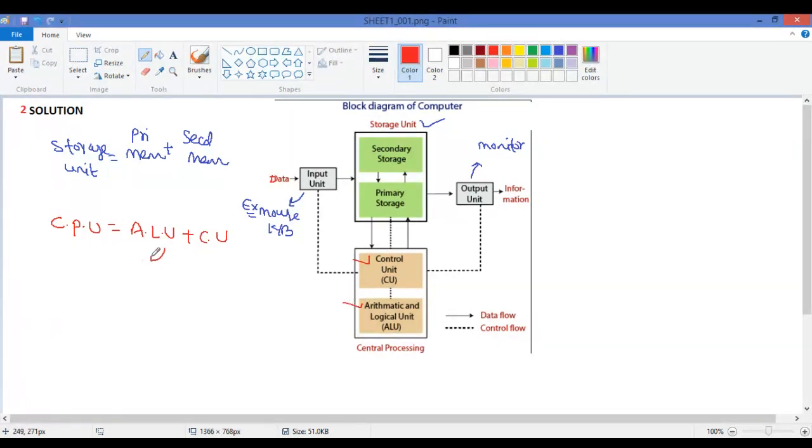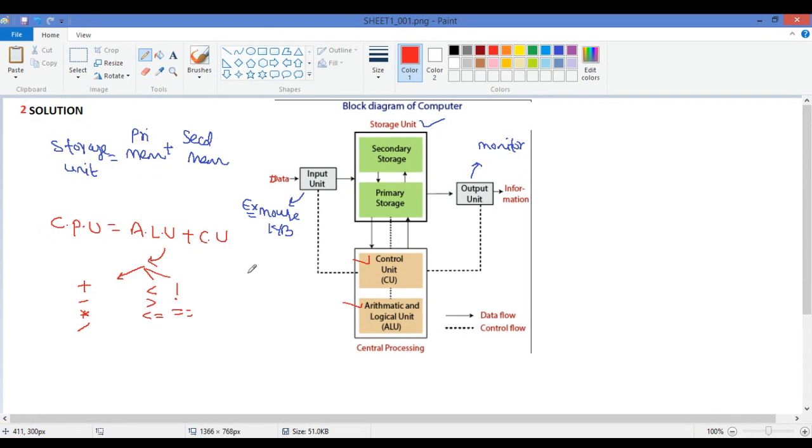In the arithmetic and logic unit, what kind of operations are performed? Many types: addition, subtraction, multiplication, division, less than, greater than, less than or equal to, greater than or equal to, not equal to. All these logical operations are performed by your ALU.